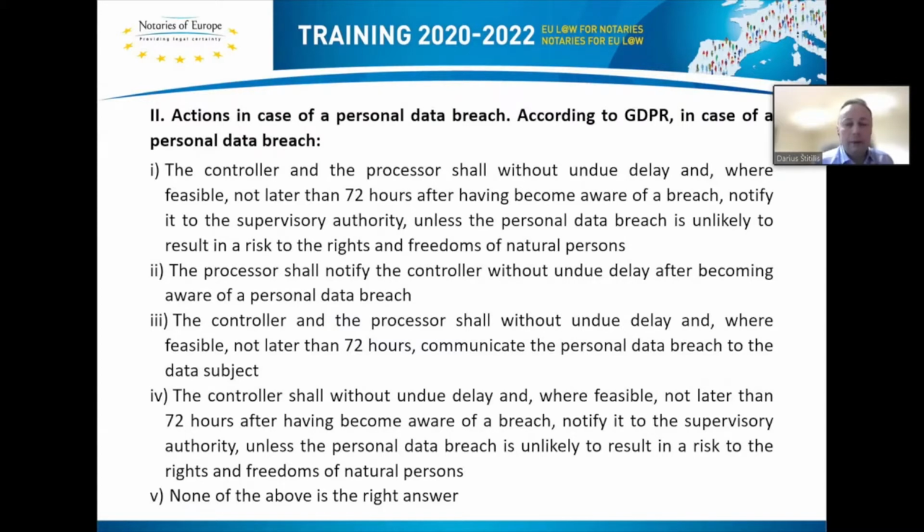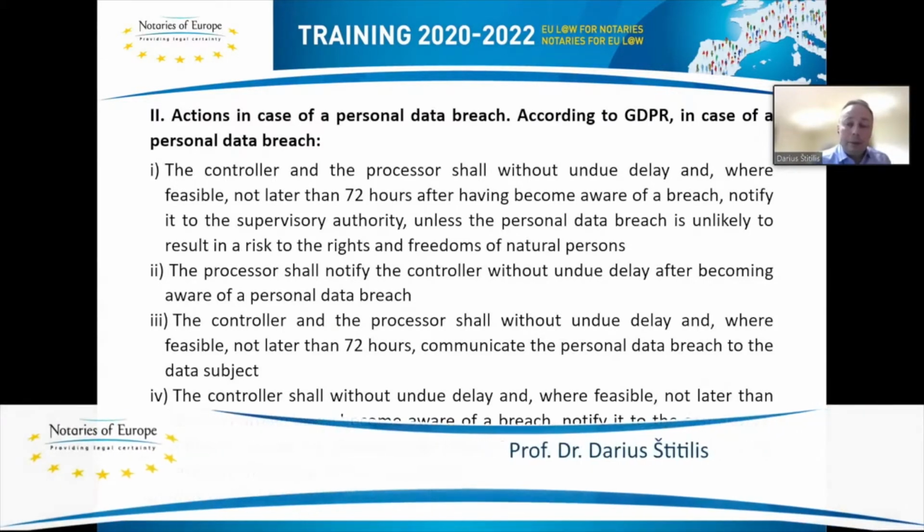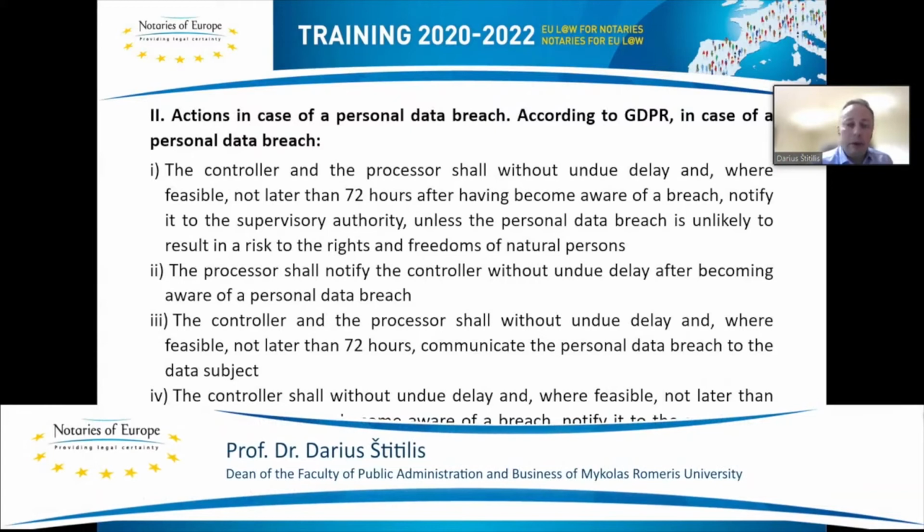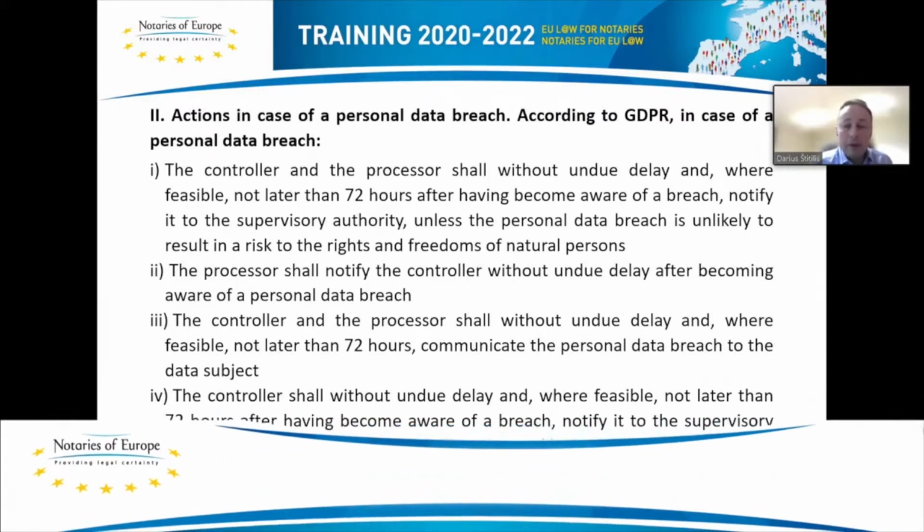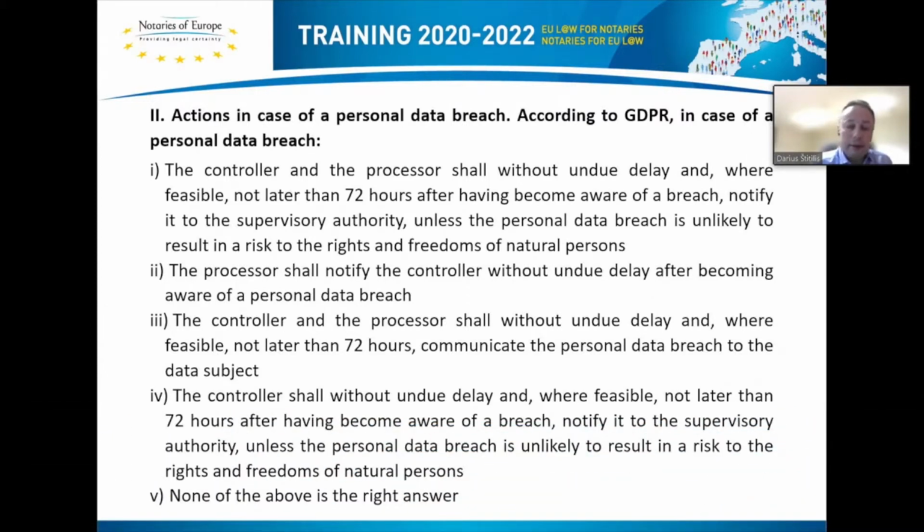And that's all. But of course, after that, to help investigate the breach, etc. But the data processor alone is not authorized to take any other actions with data subjects or the supervisory authority. Therefore, the correct answers are two, the second and the fourth one.